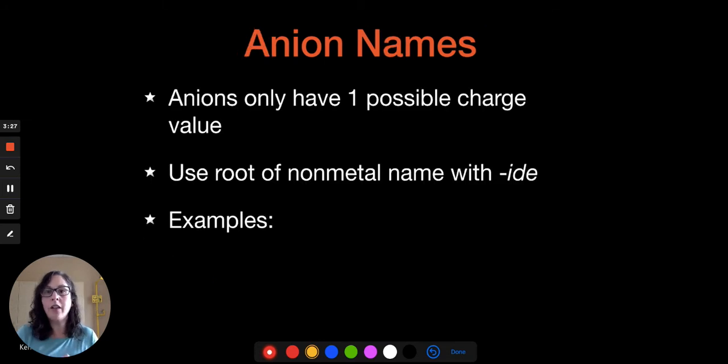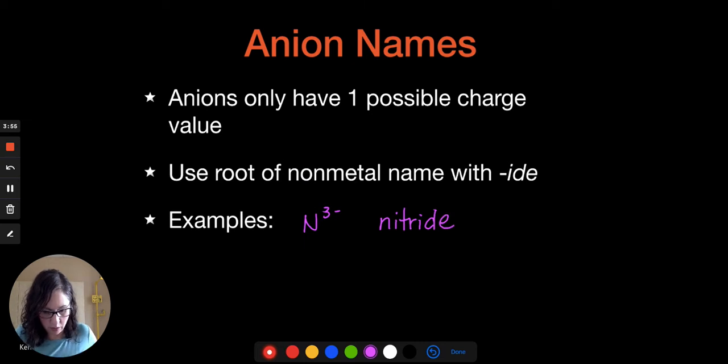All right, so now let's talk about those anion names. All anions only have one possible charge value, and you use the root of that element name and then an ide at the end. For example, we could have nitrogen, which is a 3- charge when it becomes an ion, and that's going to be nitride.